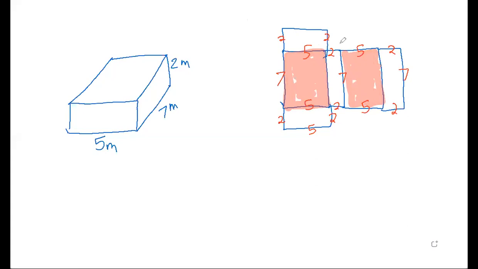Those two are the same. I'm going to call them A because they both are exactly congruent. Are there any more that are congruent to each other? This one's congruent to which other one? So the top and the bottom are congruent. The left and the right are congruent, and we'll label that one B.